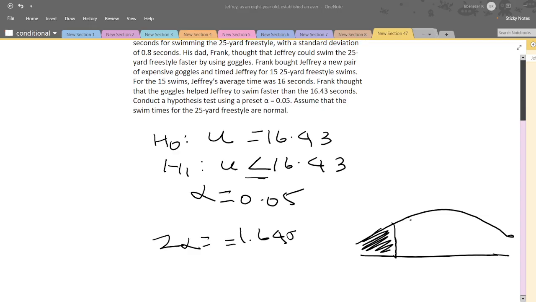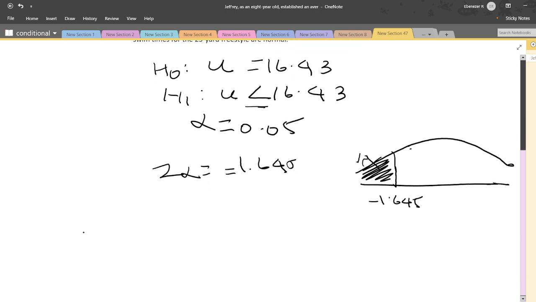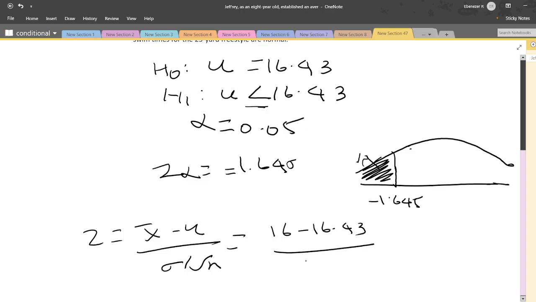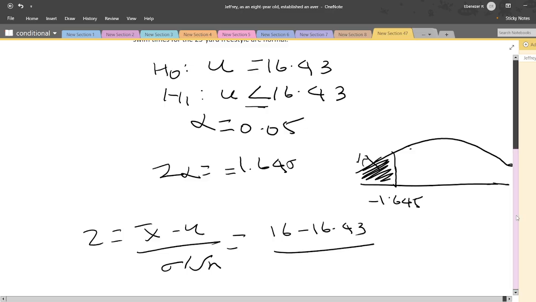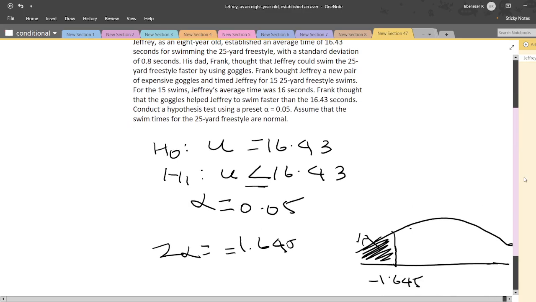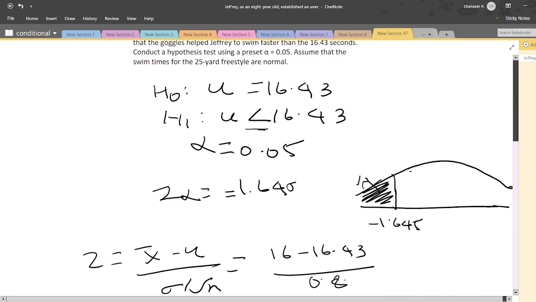So whatever lies beyond it, suppose you get a test statistic there, you reject H naught. Got it? So now my Z equal to X bar minus mu by sigma by root n, which is equal to 16 minus 16.43 by sigma, which is given as 0.8, by root of 15.